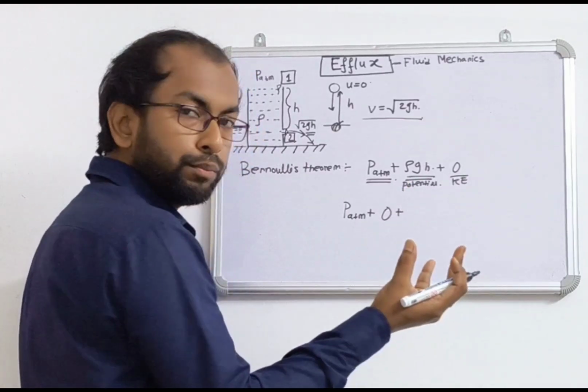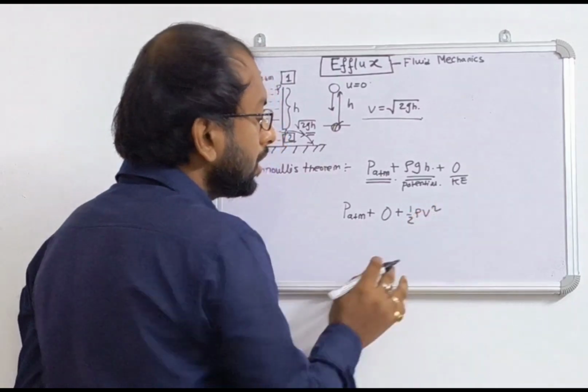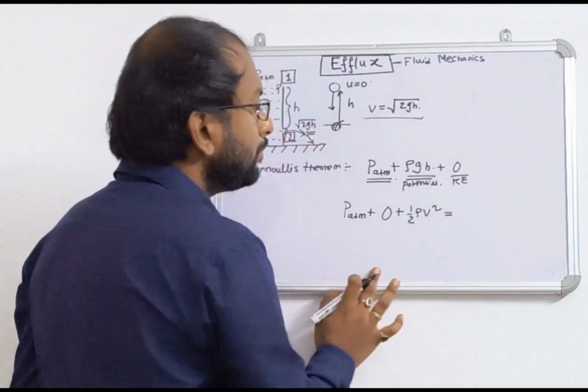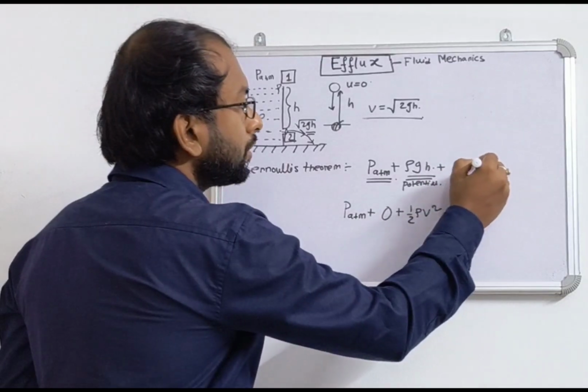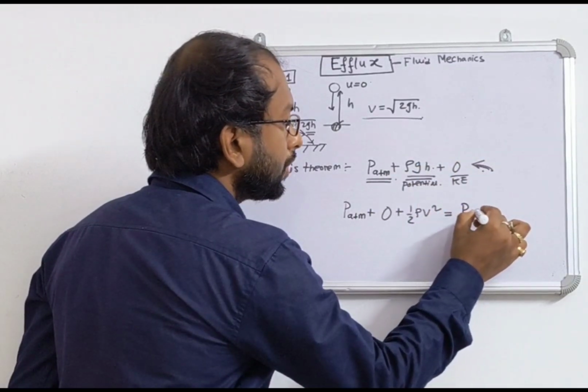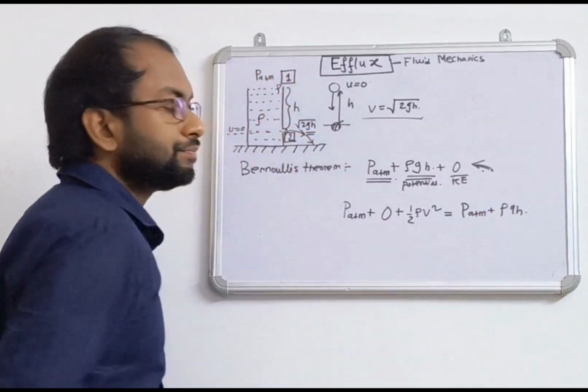V is the velocity of the efflux, so that will be equal to this one. We will consider that there is no loss of energy, rho gh.